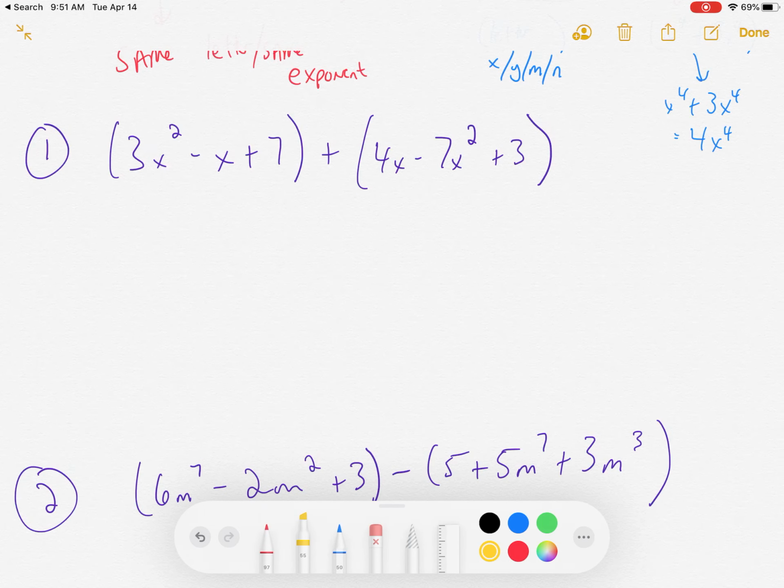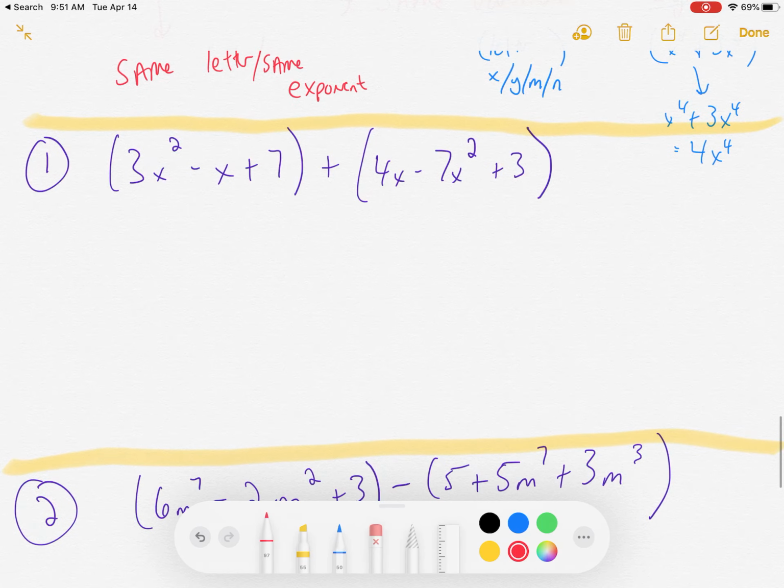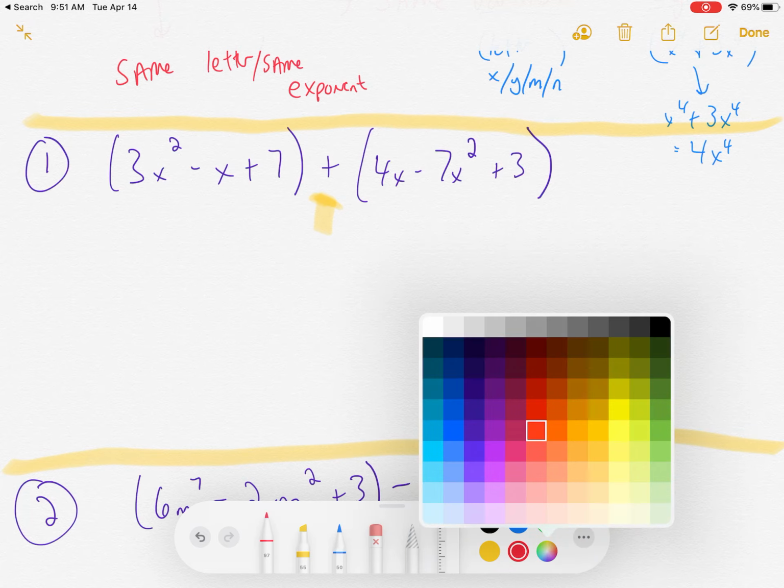Okay, so in number 1 here, I'm only worried about what's below the yellow line and above. So only focus on what's between the 2 yellow lines right now. So it is 3x squared minus x plus 7 plus 4x minus 7x squared plus 3. Now, again, if it is a plus sign right here, that's a plus sign, just ignore the parentheses.